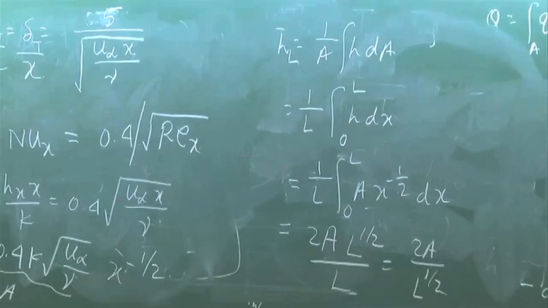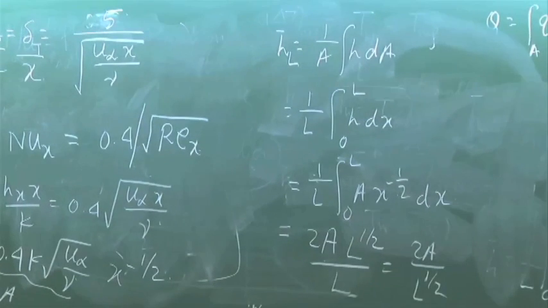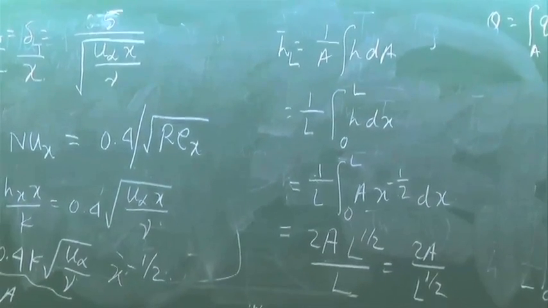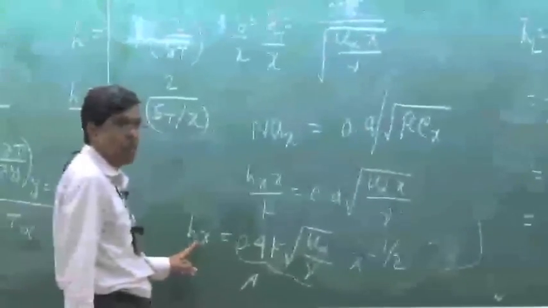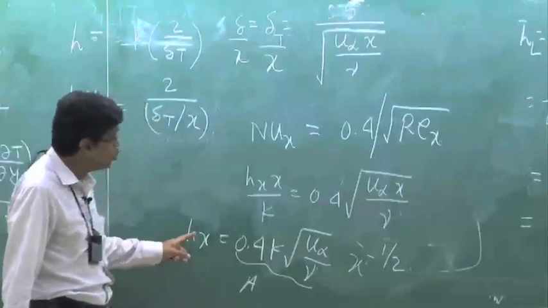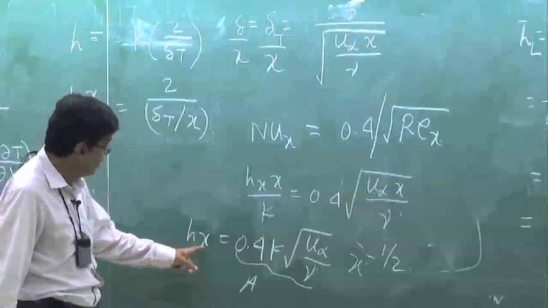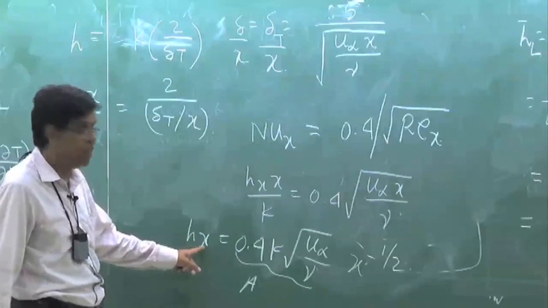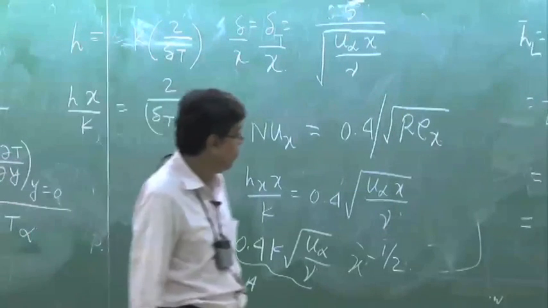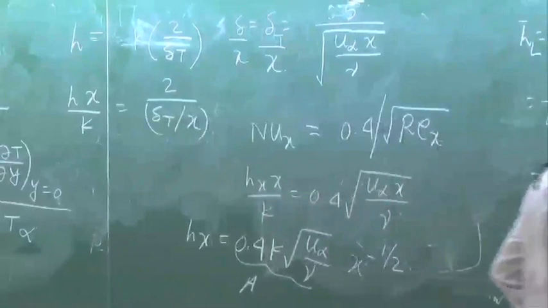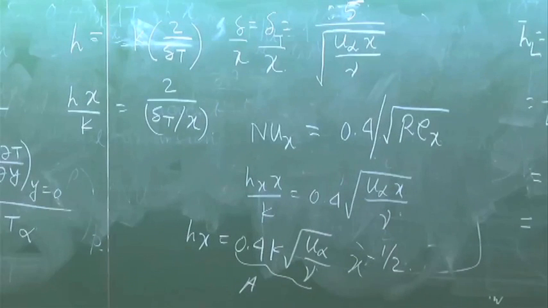This tells you one very interesting thing: HL average over a length L is equal to 2 times the Hx, because here A is 0.4 k.